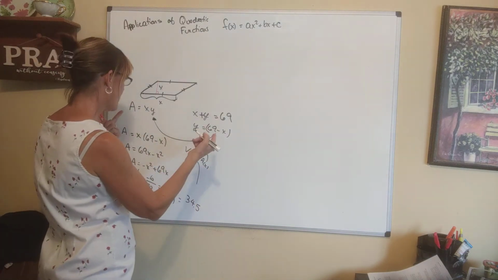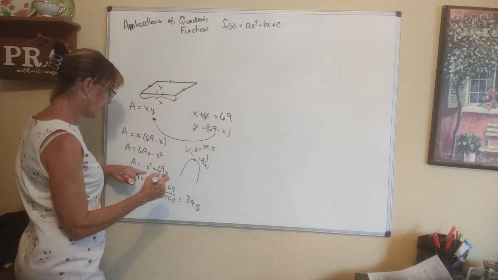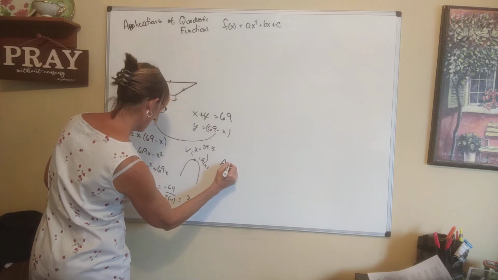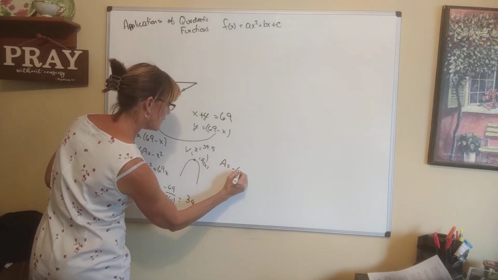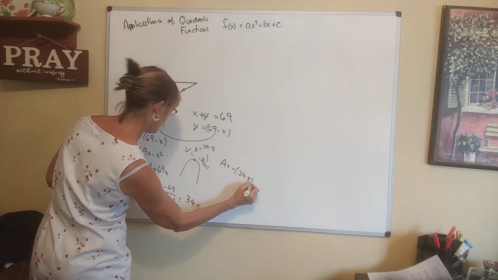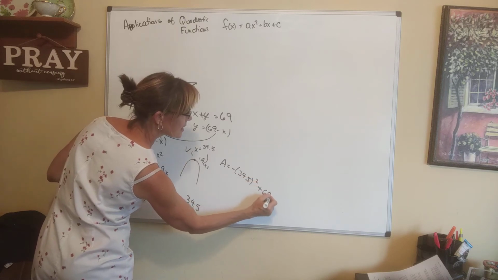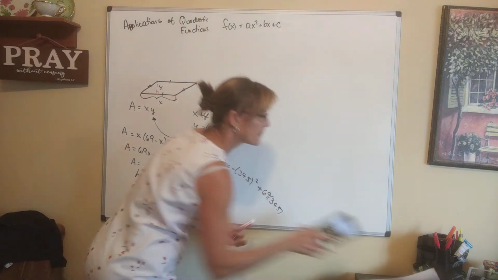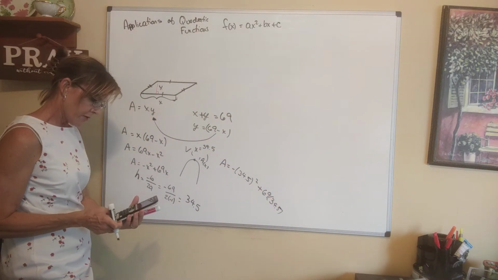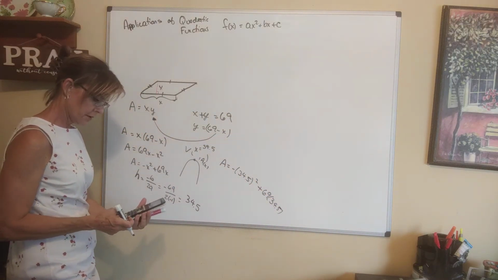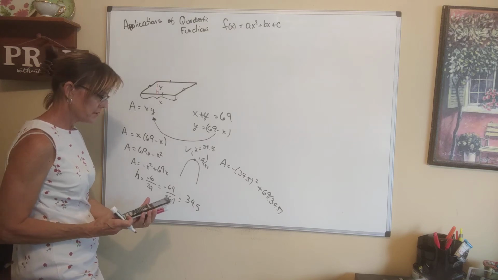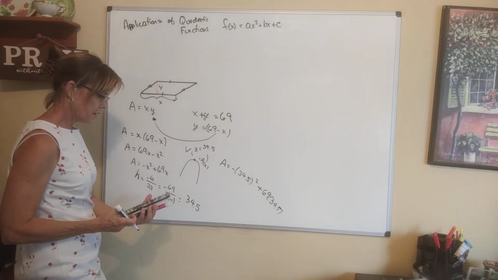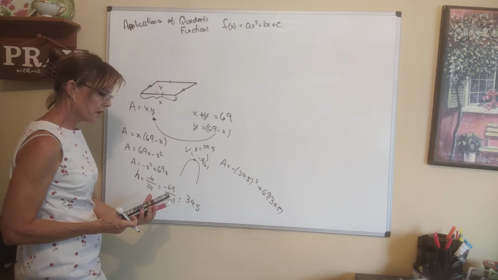So what's the maximum area if I plug that in? The maximum area is going to be negative 34.5 squared plus 69 times 34.5. Let's see what that gives me. 34.5 squared times negative 1 gives me negative 1190.25.